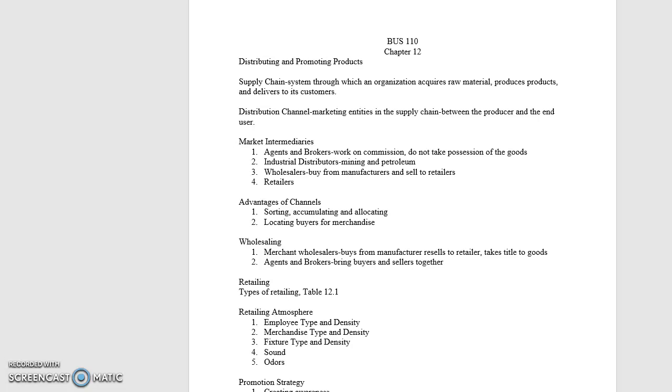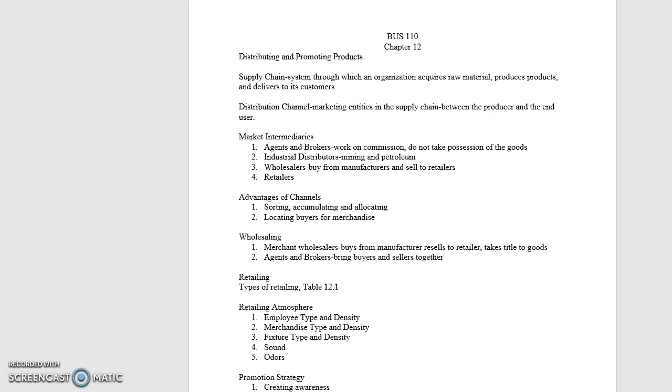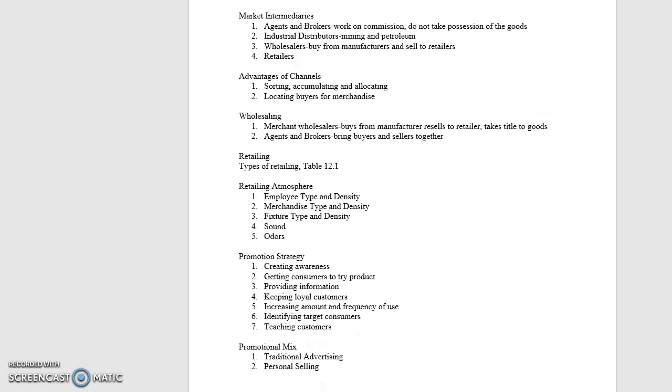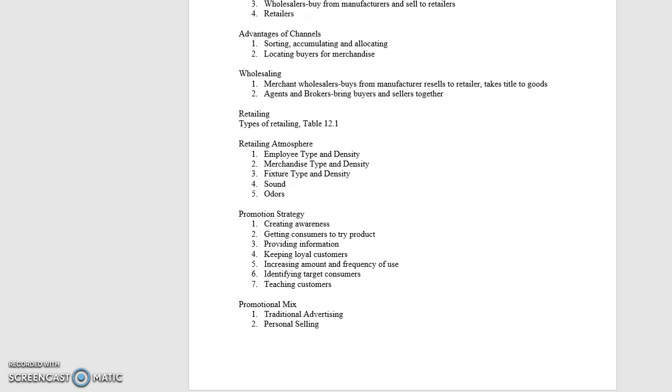When we talk about retailing, not always, but typically, we're talking about a physical location. And your book talks about some things about the physical, actual retail establishment. It's called atmospherics. And some of the things they talk about is employee type and density.